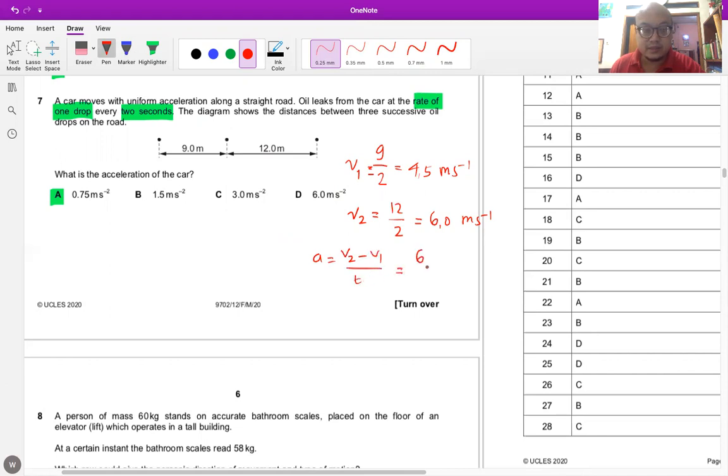So 6 minus 4.5 divided by 2 seconds. This is 1.5 divided by 2, which is 0.75 meters per second squared. So the correct answer is A.